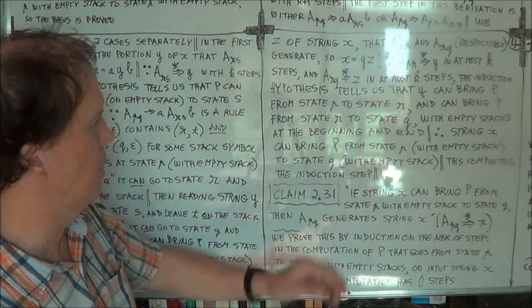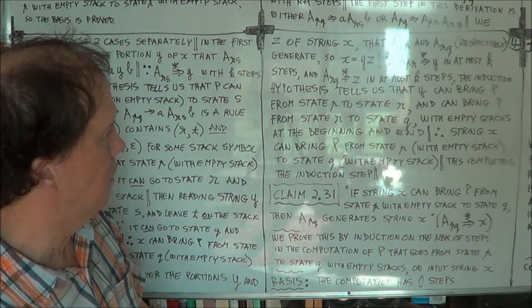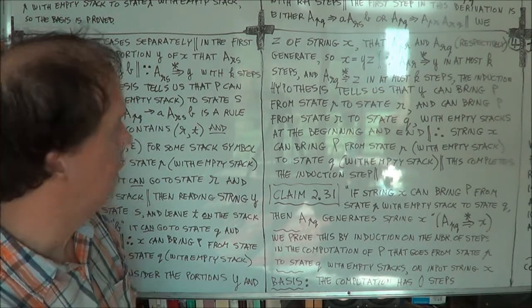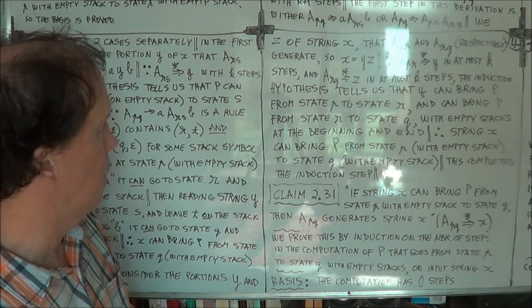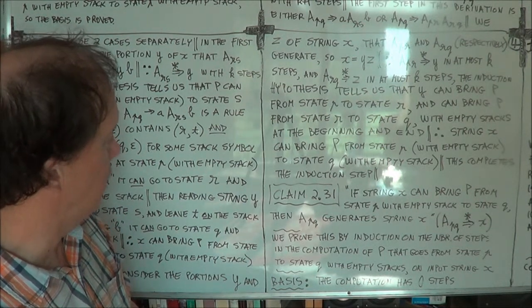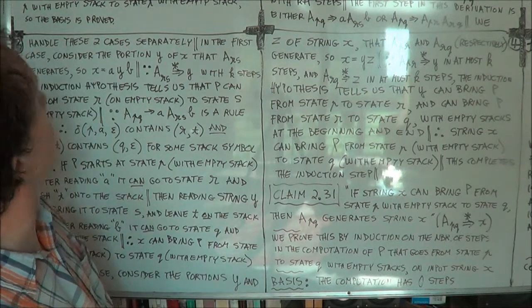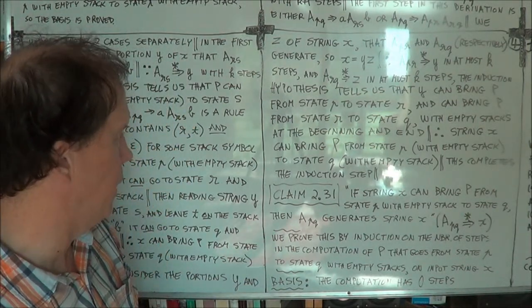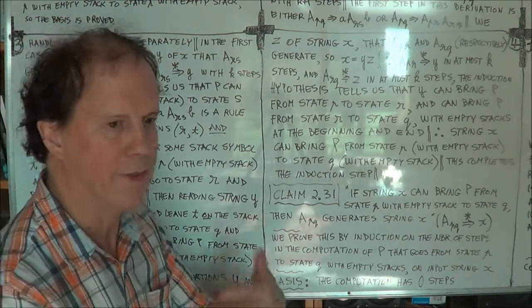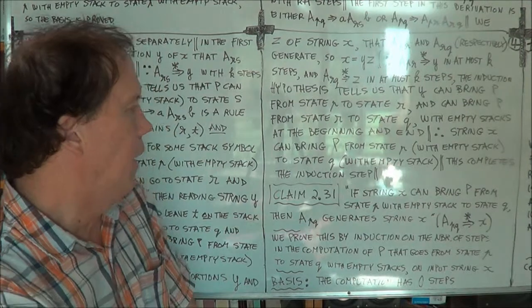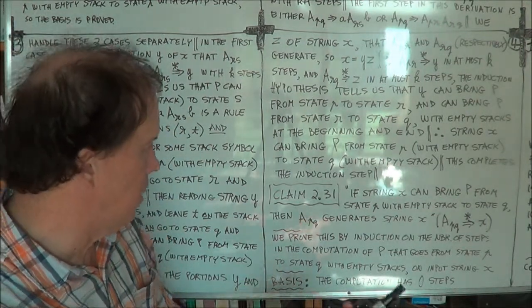That's the proof completed for the second case, and hence the complete proof of claim 2.30. Quite a long proof. Now we go the other way.